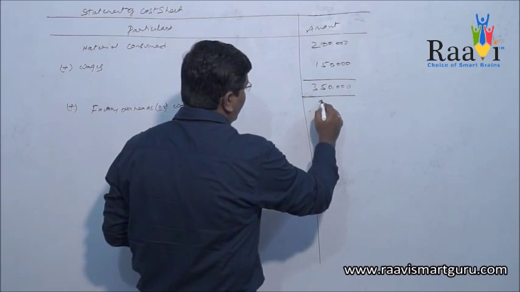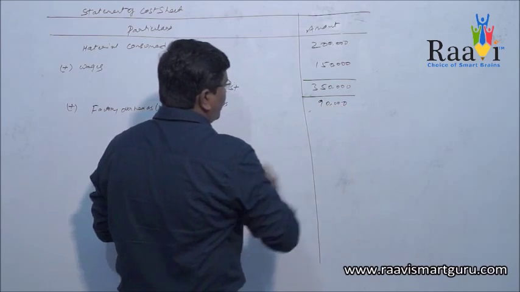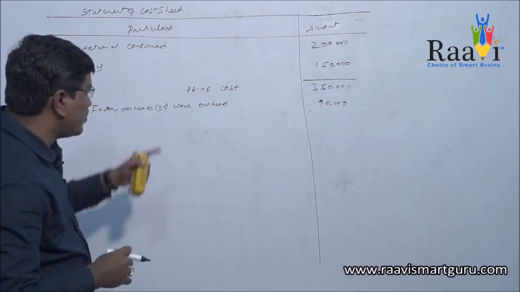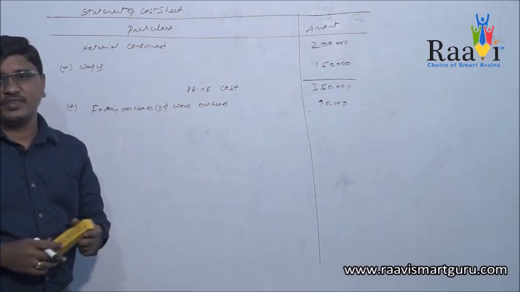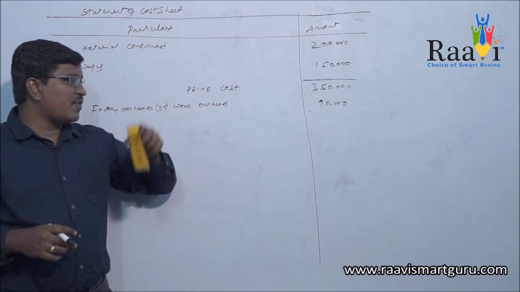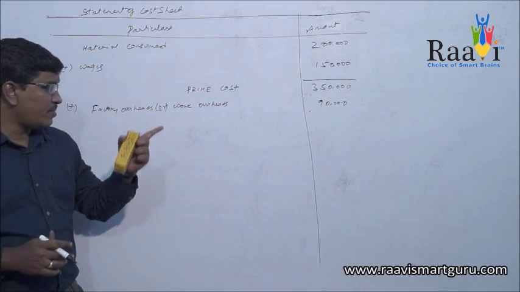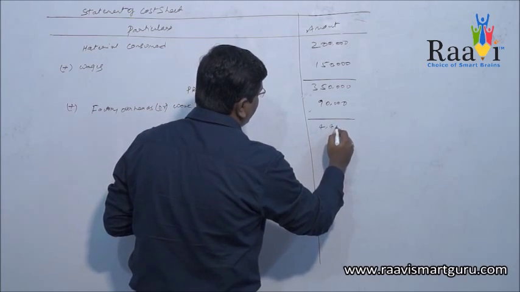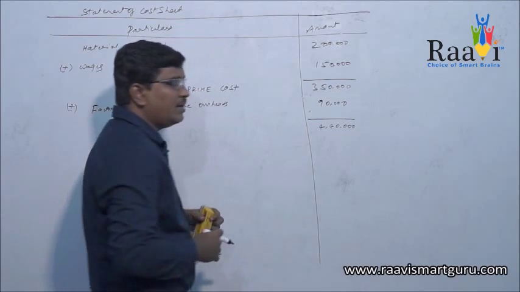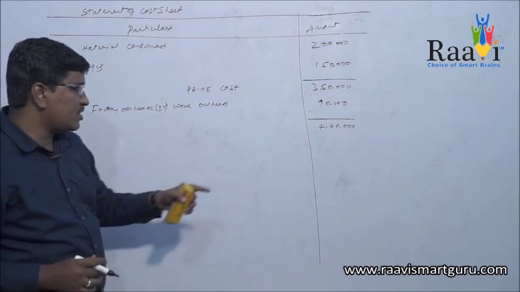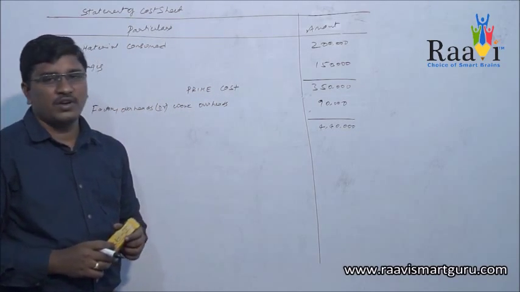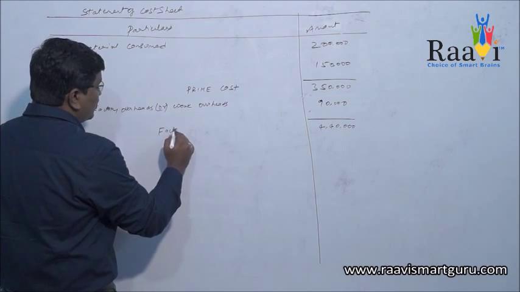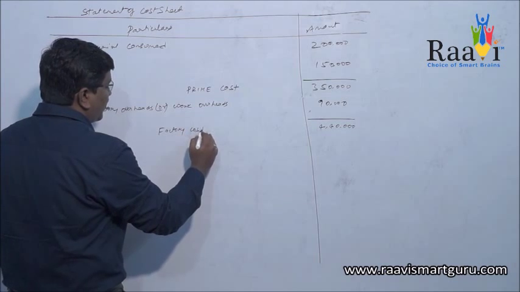If you add this factory overheads of 90,000 to the prime cost, which is already 3,50,000, then you will be getting a value of 4,40,000, and this particular 4,40,000 is known as factory cost.